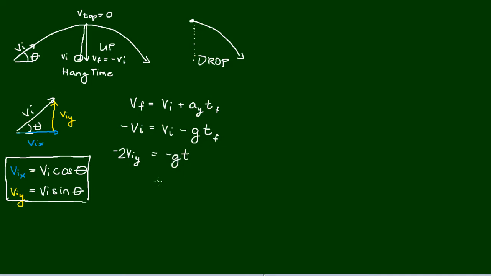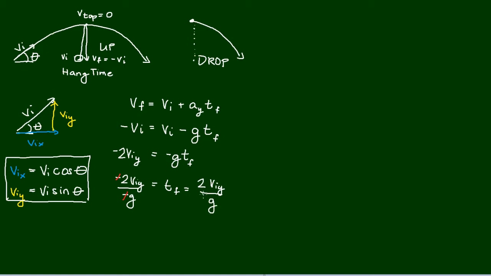We can move the g to one side and get negative 2 Viy over negative g is equal to the time of flight. Okay, there are two negative signs, so we can just simply erase this negative sign like so, and we're going to get 2 Viy over g is equal to time of flight.